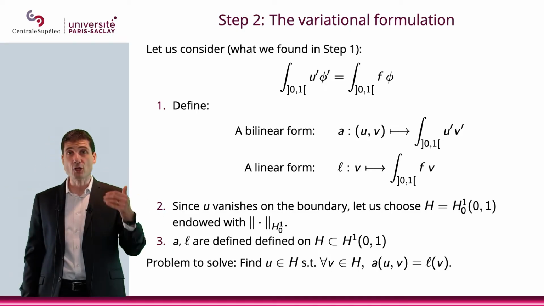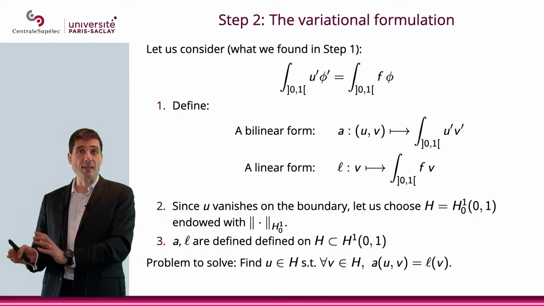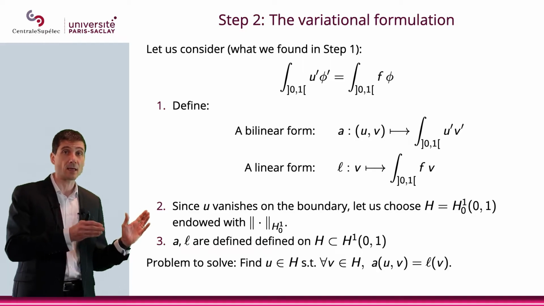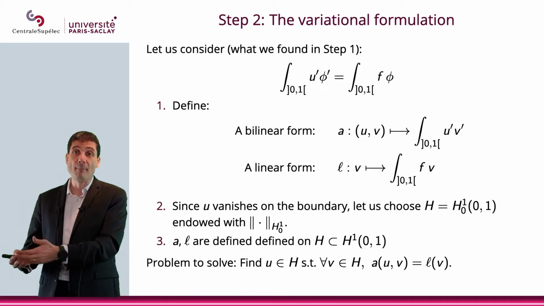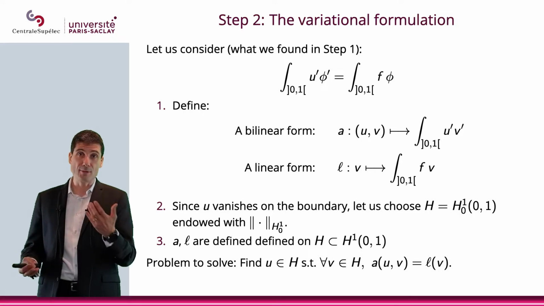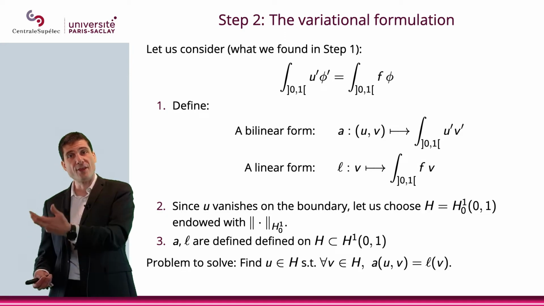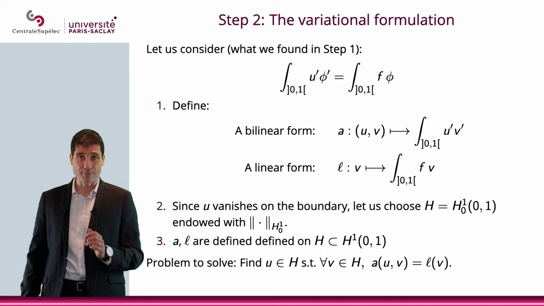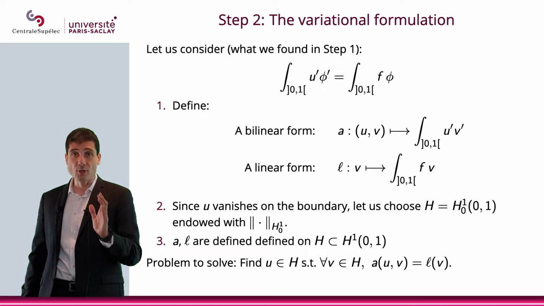That will be the variational problem associated to my PDE. And we will see that if I solve this problem using distributions, I will be able to recover my PDE. So I will be able to go from my variational problem, my weak solutions, to the actual PDE that I'm looking at. Okay? So that is step 2.